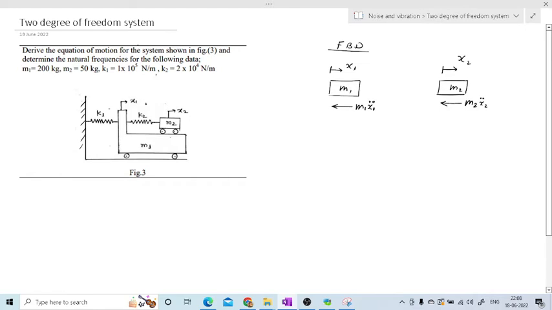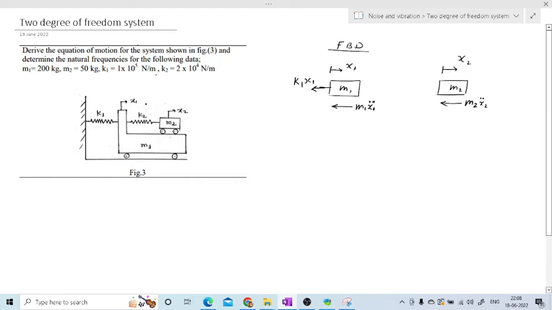So the force of the spring will be on the left side, opposite to displacement. The spring force is nothing but K into X, and the spring stiffness given is K1 and its displacement is x1. So the spring force is K1 x1.